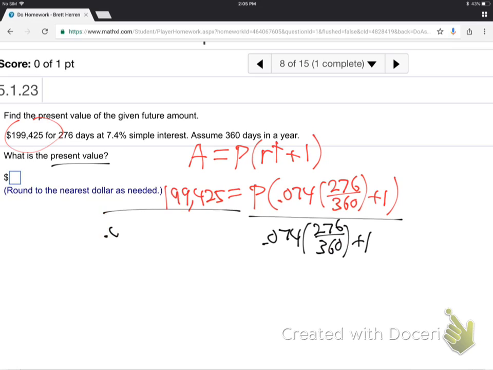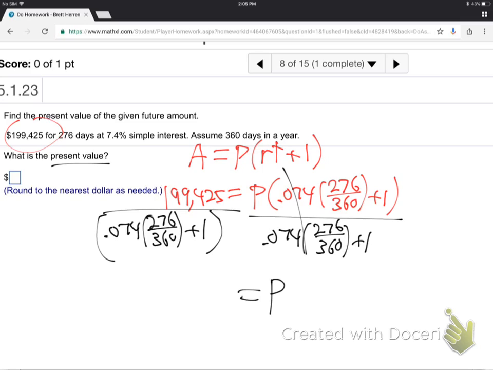We do to one side, we do to the other. This cancels. P's alone. Hit the buttons. So 199,425. Remember, when you put it in your calculator, put parentheses around the denominator. When you hit divide, divide by (0.074 times 276 divided by 360 plus 1).